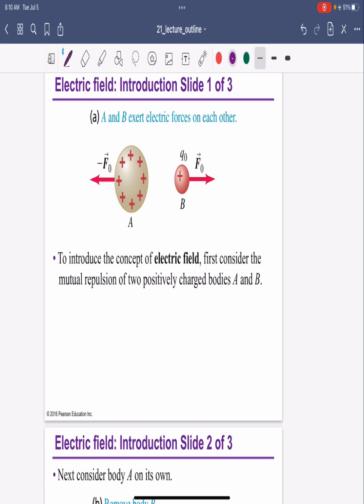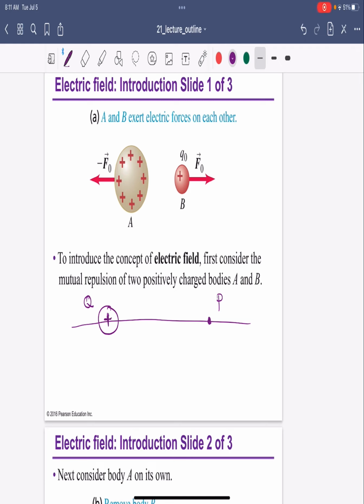Usually, when I talk about the idea of an electric field, I say, let's say I have here a positive charge Q, and I wish to find something about the electric field here. I imagine that there is a very small test charge that will not disturb the electric field of this bigger charge.